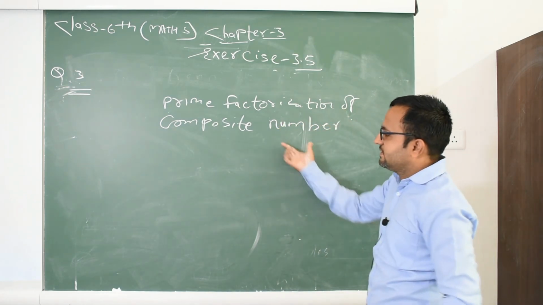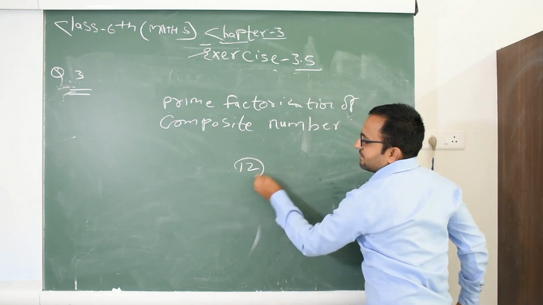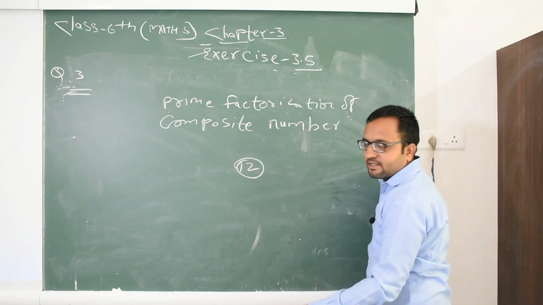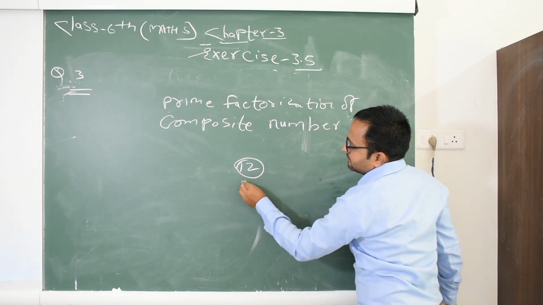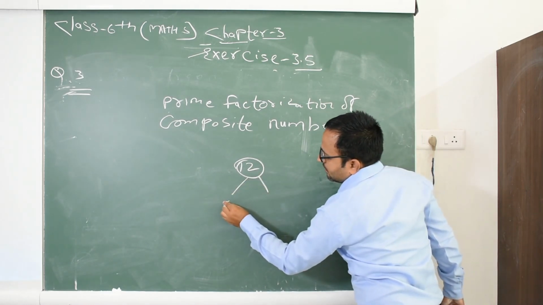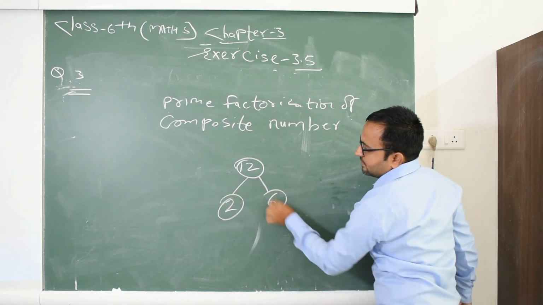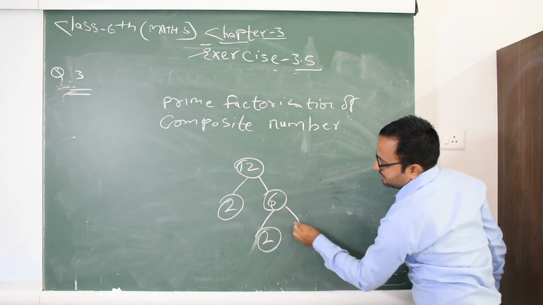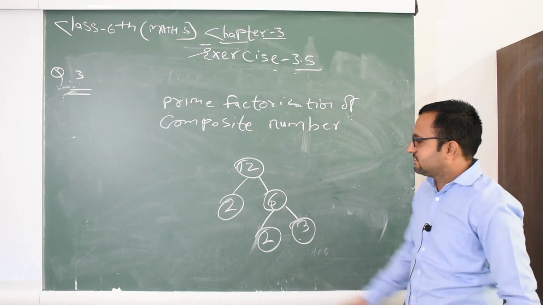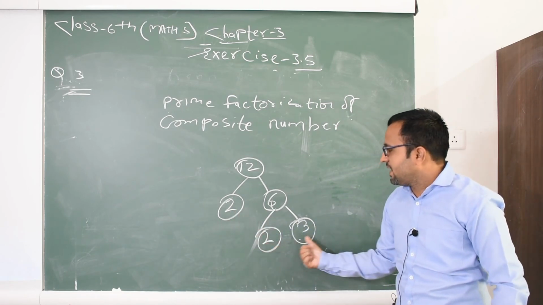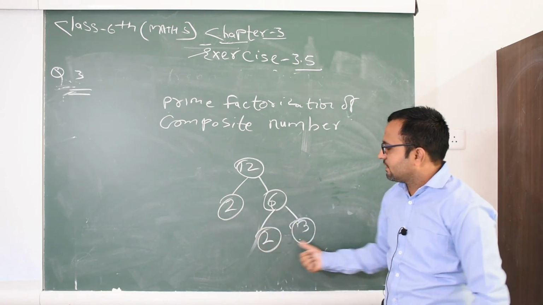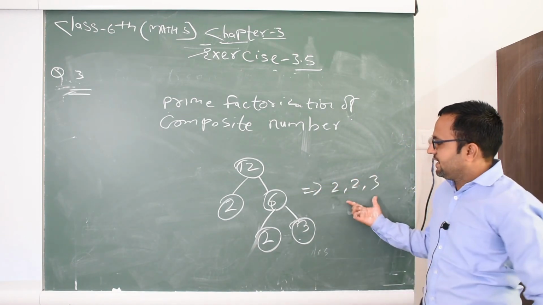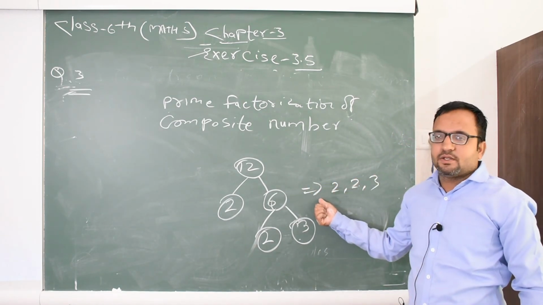For a composite number, for example, we take 12. 2 sixes are 12, and 2 threes are 6. So 2 and 3 are the prime factors of 12. 1 is not included.